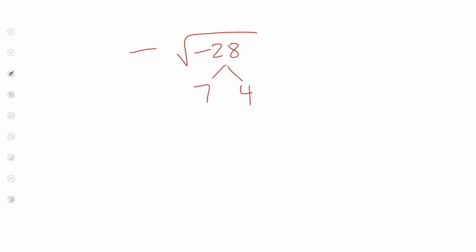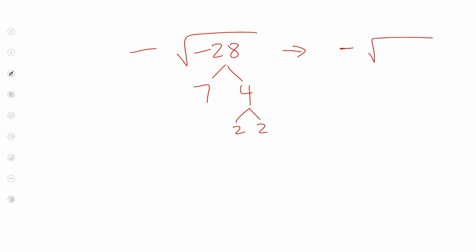Any more questions, guys? Any problems you'd like me to do on the board? Okay. I saw a question about this one: negative square root of -28. Can y'all give me two numbers that give me 28? 7 times 4. Can we break down 7? No. Can we break down the 4? 2 times 2? Perfect. So I'm going to rewrite this as a negative on the outside.